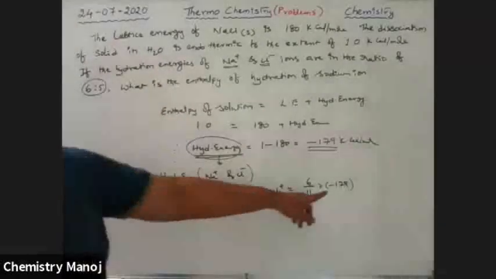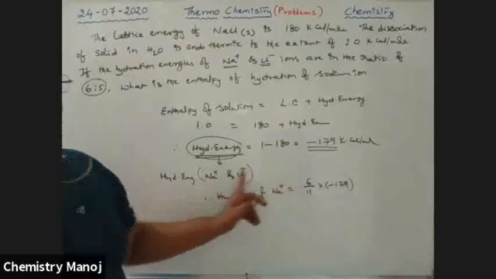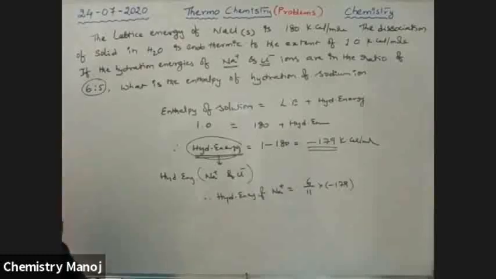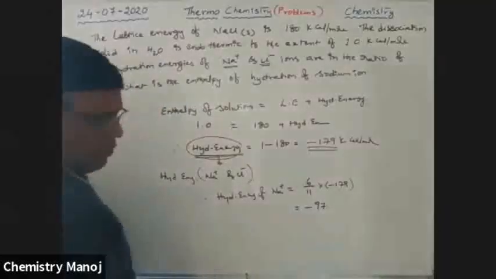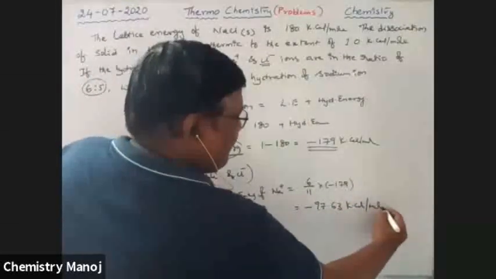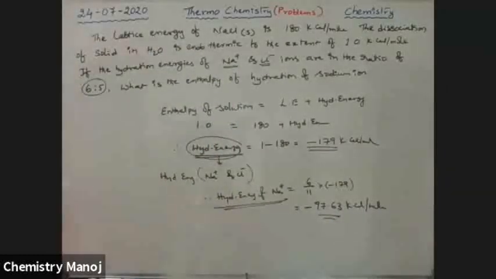Therefore, our answer is minus 97.60 kilocalorie per mole. It is for the Na plus ion.